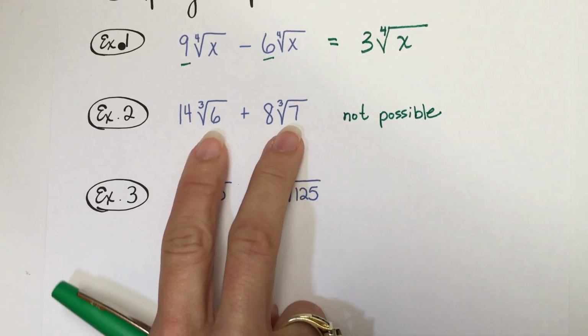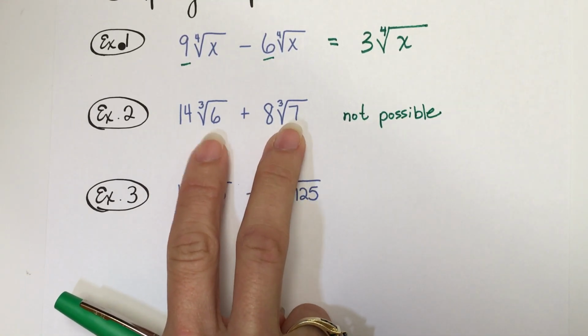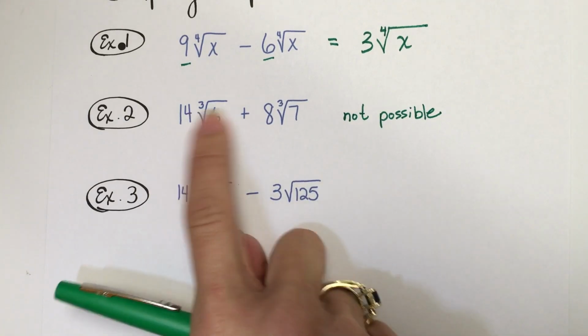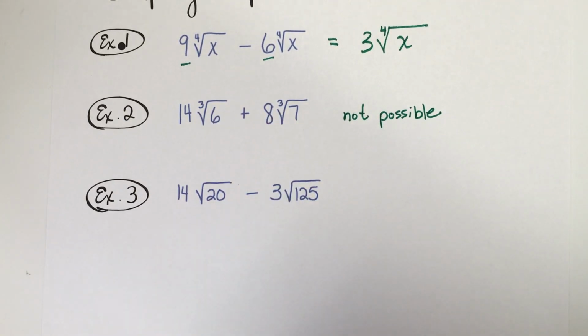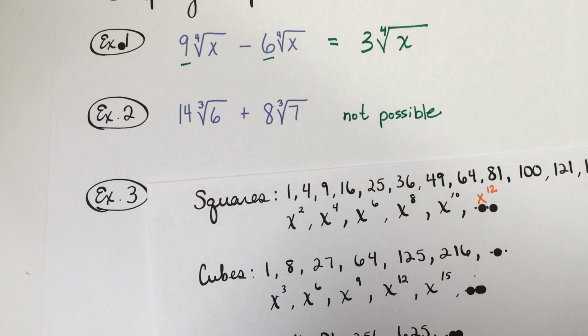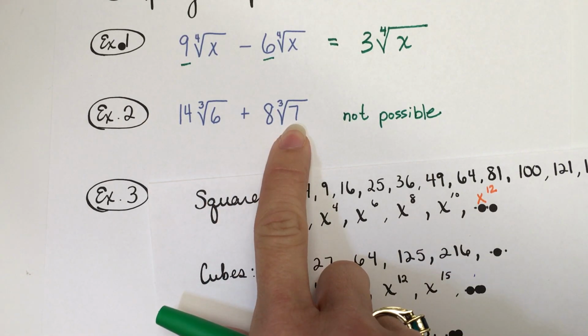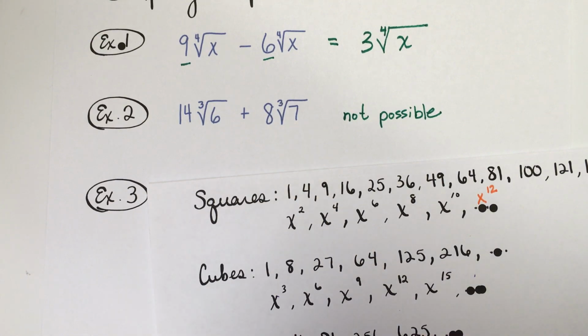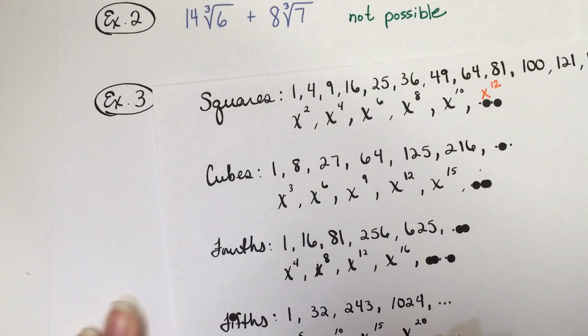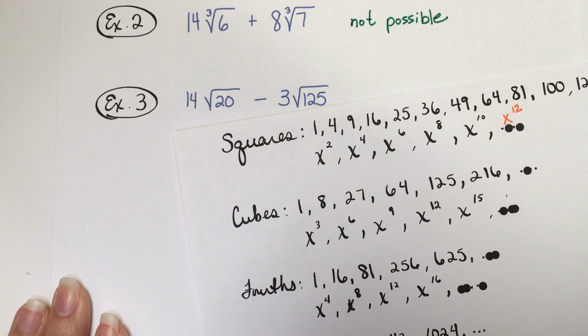Now, I couldn't do anything a while ago with the 6 and the 7 because, of course, these were cube roots. So, if you were to look at your list of cubes, so here's your list of cubes, 8, 27, 64, 125, 216. None of these numbers will go into 6 or 7 evenly, meaning I can't simplify them, okay? But there's going to be some simplifying that we can do on this number 3.